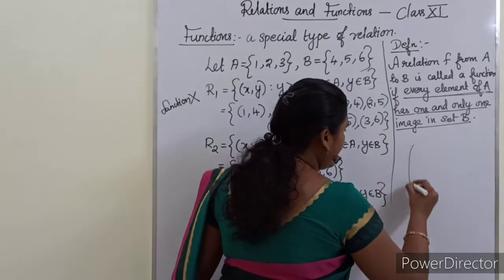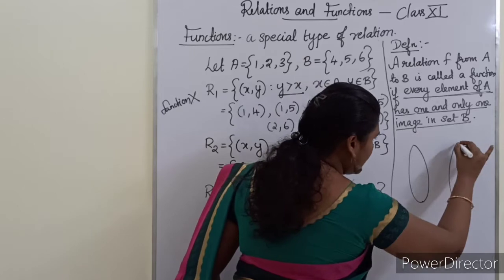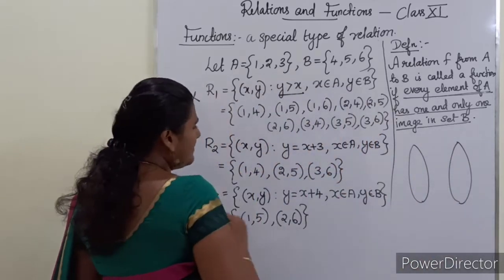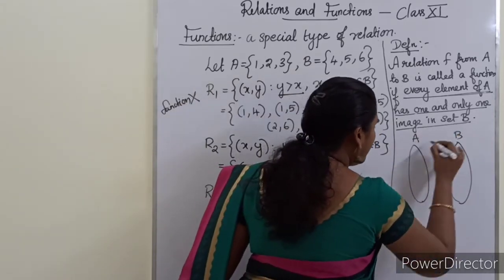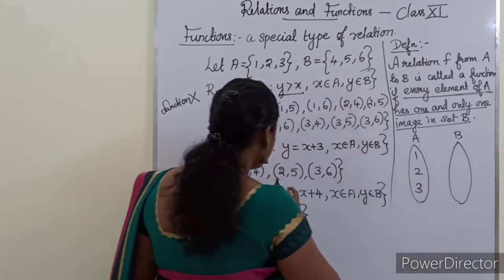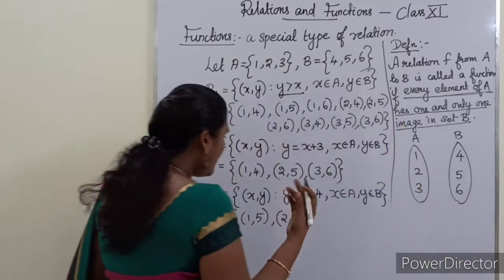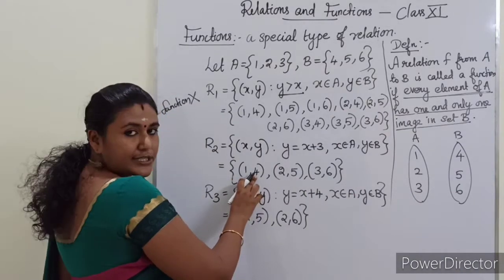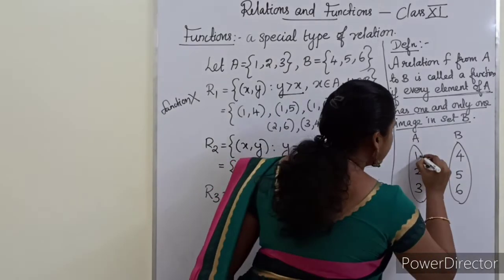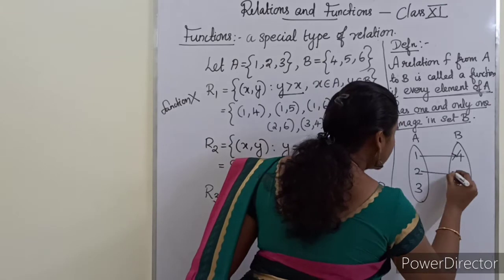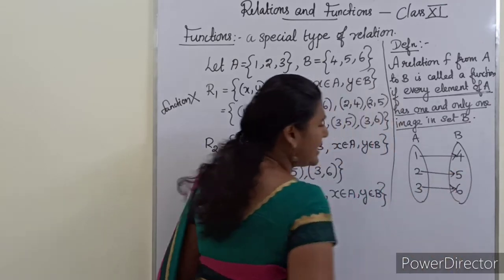Here again we will represent it in an arrow diagram. So the sets A and B, 1, 2, 3 are the elements of A, and 4, 5, 6 are the elements of set B. Now if you see here, 1 is related to 4, or 1 has image 4, 2 has image 5 and 3 has image 6.